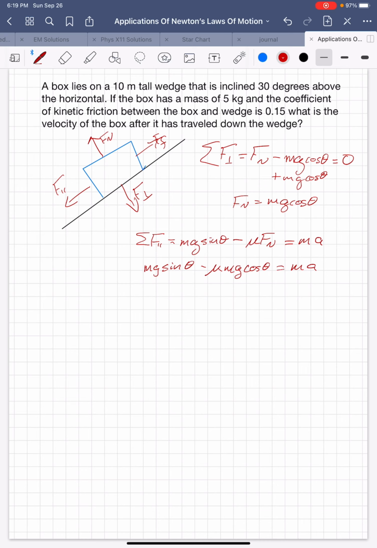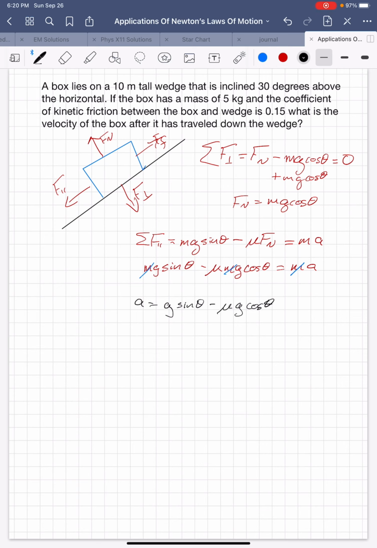And if we notice here, we have m's everywhere. So I don't even have to know the mass of this box to be able to solve it. And I can say that the acceleration experienced by this box is g sine theta minus mu g cosine theta.